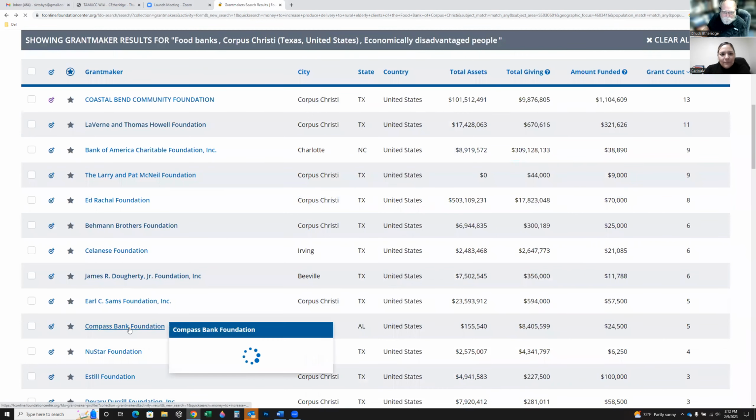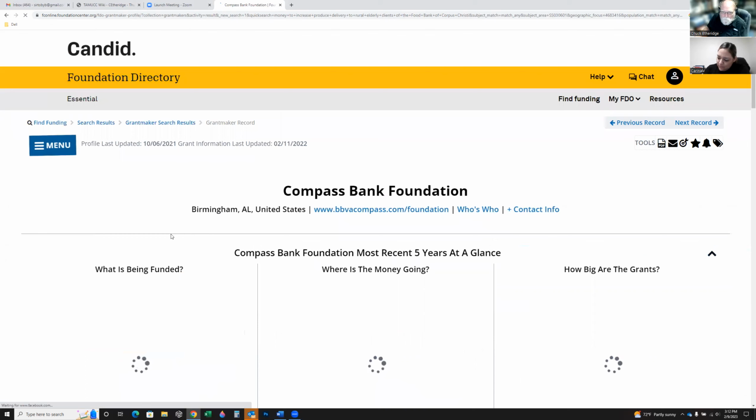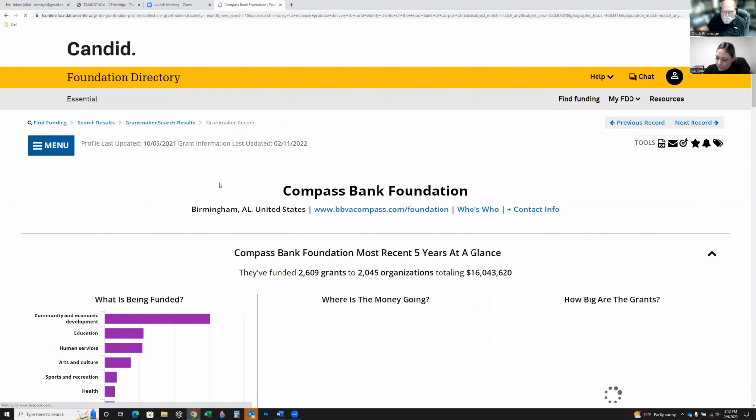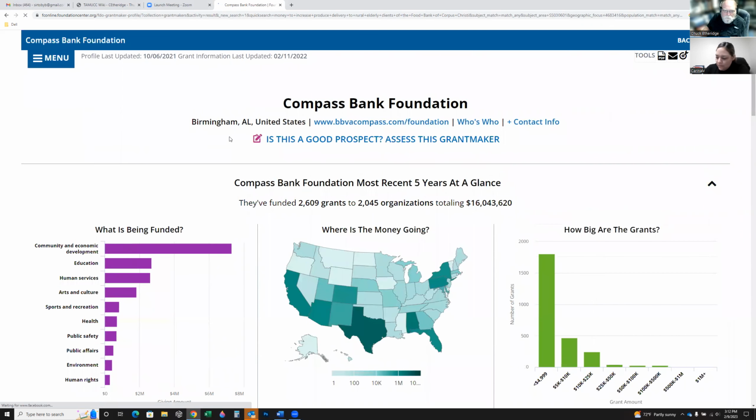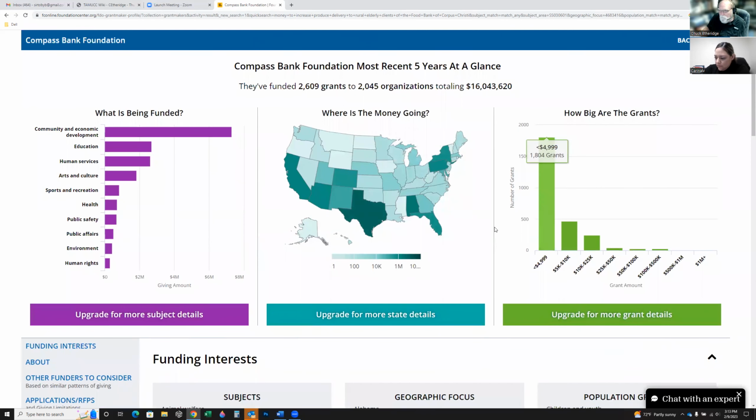And let's look at Compass Bank. Community economic development, education, human services, lots of grants in Texas, $5,000. They've given more than 1,800 grants in Texas, it looks like.